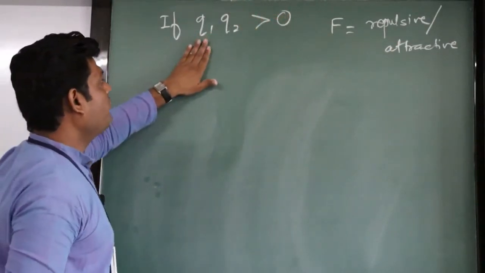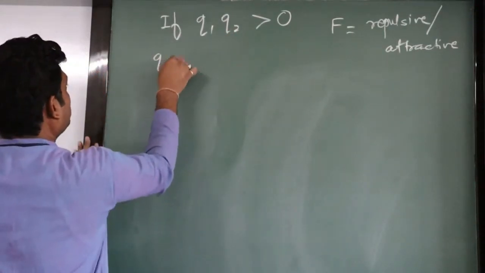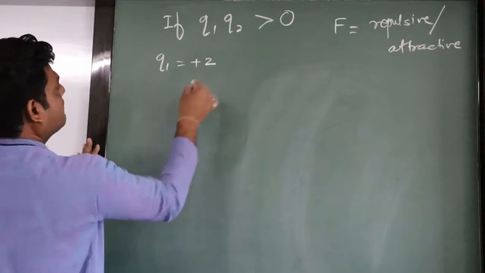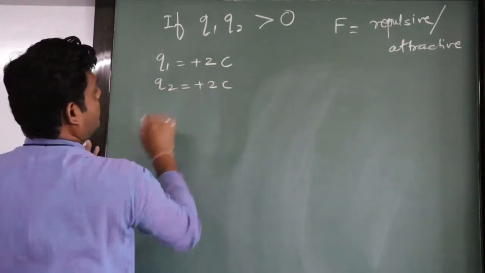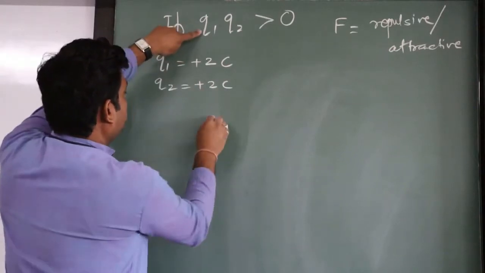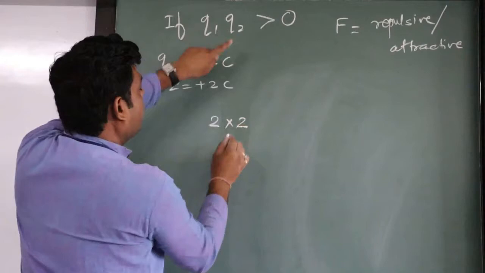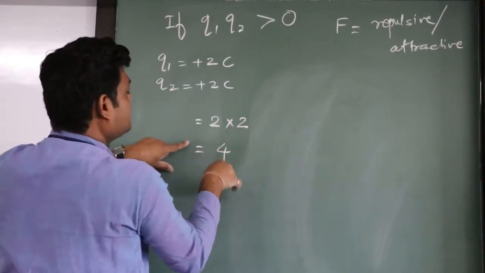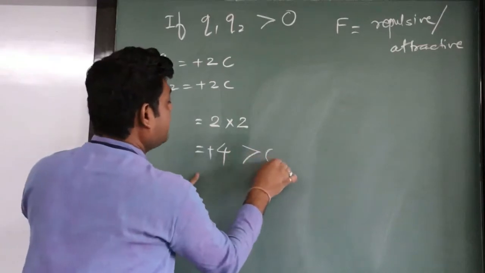Let us see, Q1 is positive and Q2 is also positive. Suppose Q1 equals +2 coulomb and Q2 is also +2 coulomb. If we multiply them, the answer is +4, which is greater than 0.